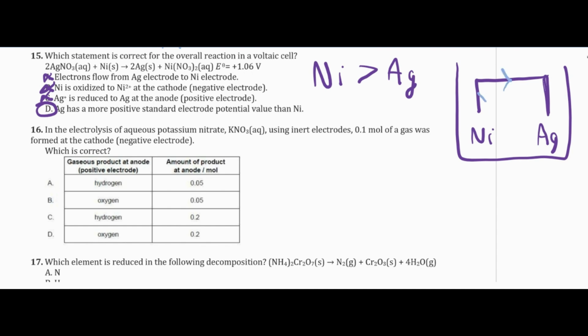The electrons are flowing that way, towards the silver, which means this must be the place of reduction, which is the cathode. So if the silver is getting reduced, that means it must be the oxidizing agent.